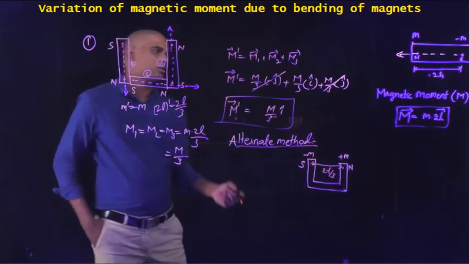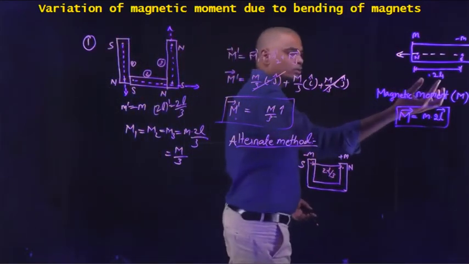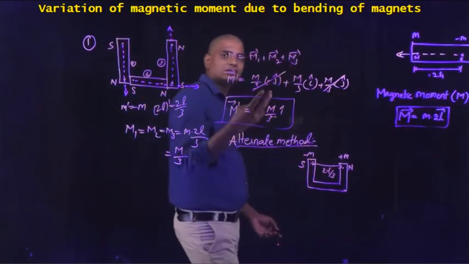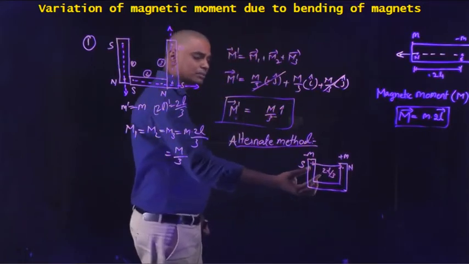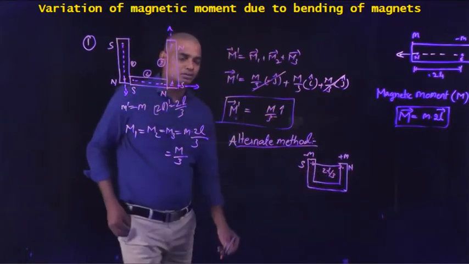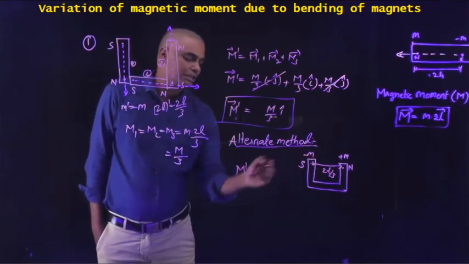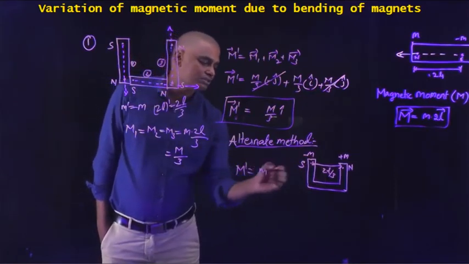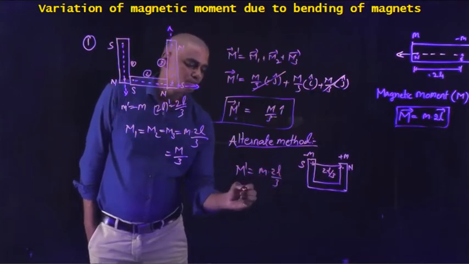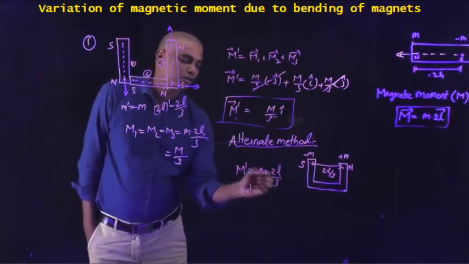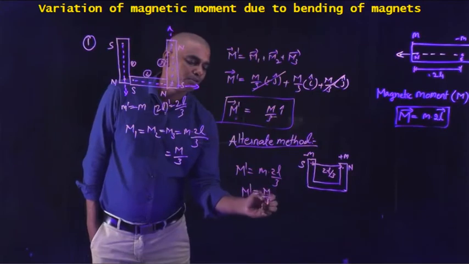If the total magnetic length is 2l, when it is bent into three equal segments, the length of each segment is 2l by 3. Therefore m dash is equal to m into 2l by 3, so m dash is equal to capital M by 3, where M is m into 2l.